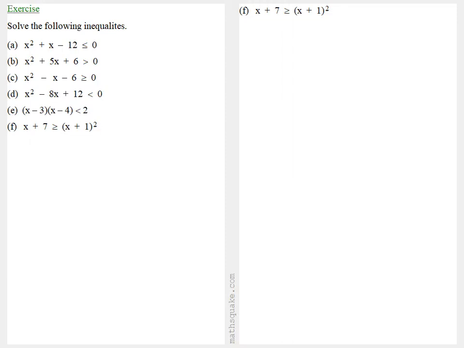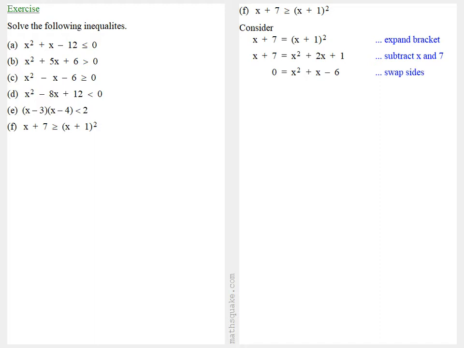In F we have x plus 7 is greater or equal to x plus 1 all squared. Consider x plus 7 equals x plus 1 squared. We can expand the bracket. This gives us x plus 7 equals x squared plus 2x plus 1. If we subtract x and 7 from both sides, we have 0 equals x squared plus x minus 6.